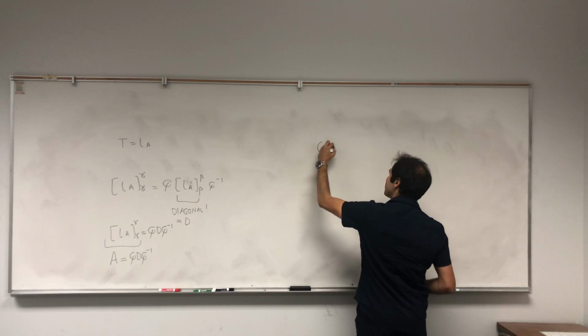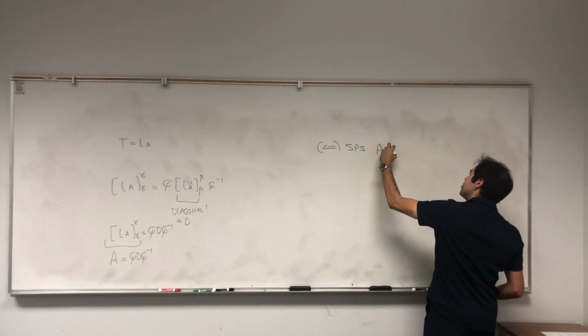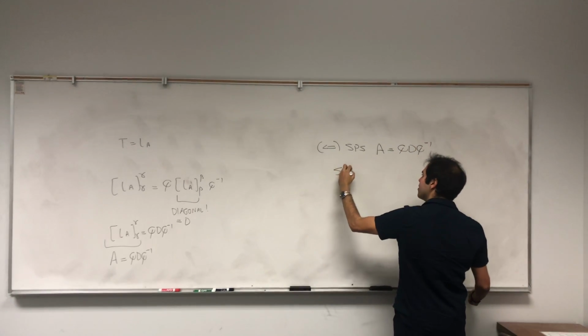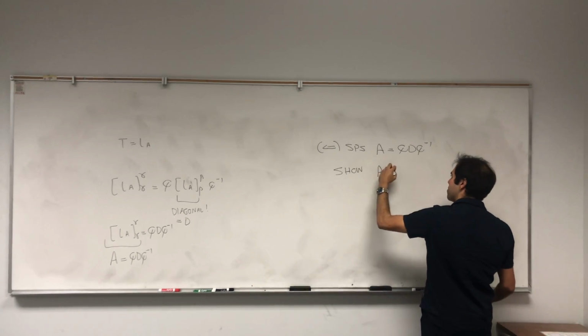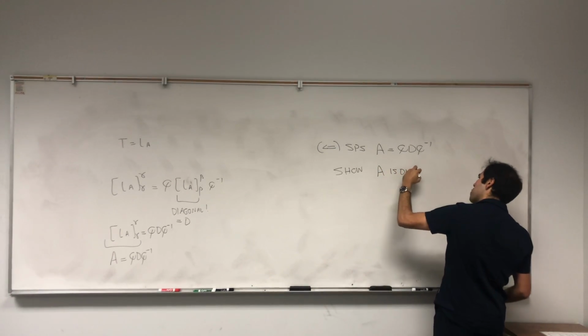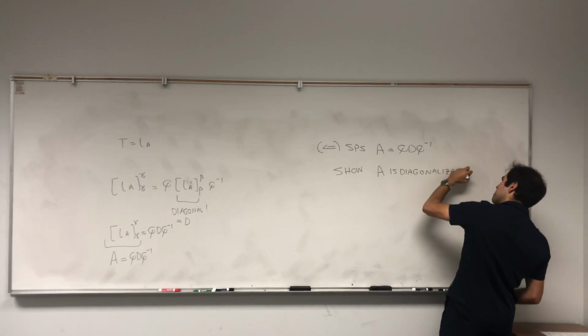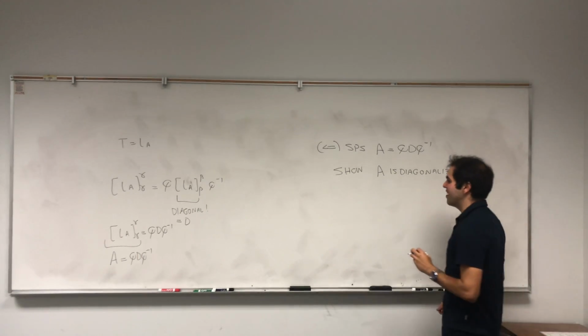So suppose we know that A equals Q D Q inverse. Show that A is diagonalizable. And in this case, we want to use the eigenvector approach.